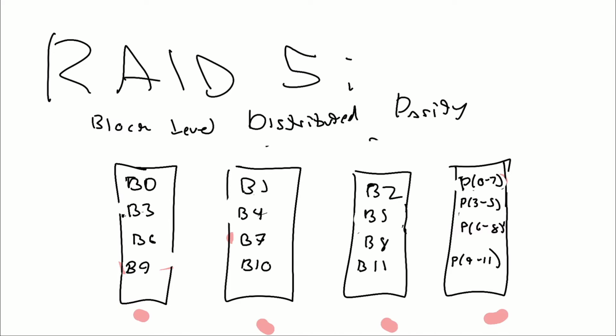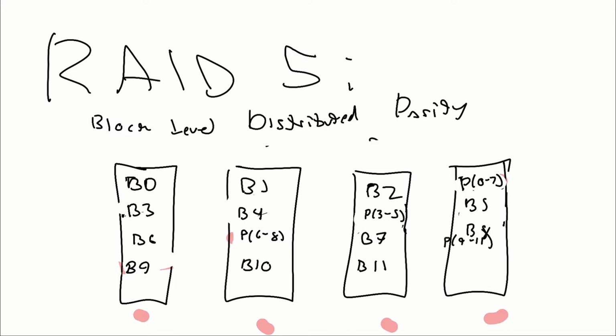The way we're gonna make it RAID 5 is we're gonna move things around. For example, for the second row, we're gonna move the B5 here, and actually move the parity data in here, like that. And then for this one, we're gonna take this out and move it there. And we'll put it like that.